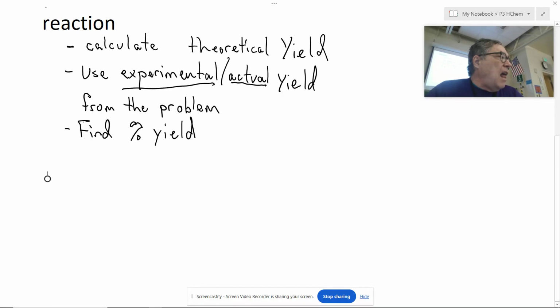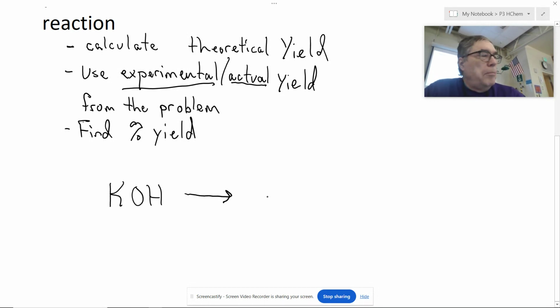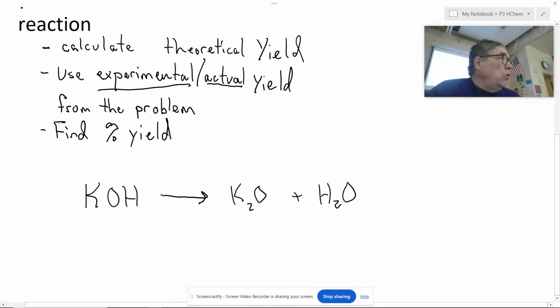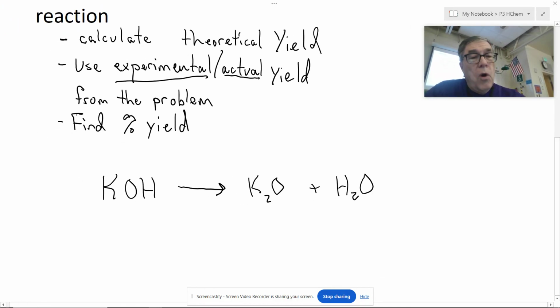I'm going to set this up with this chemical reaction. Potassium hydroxide yields potassium oxide plus water. So if you take potassium hydroxide and make it decompose, we're going to tell you that you're going to start with 1.52 grams of potassium hydroxide.